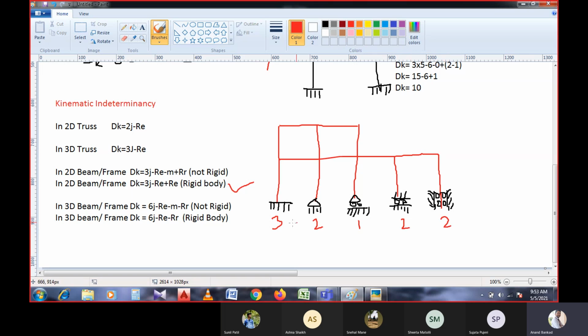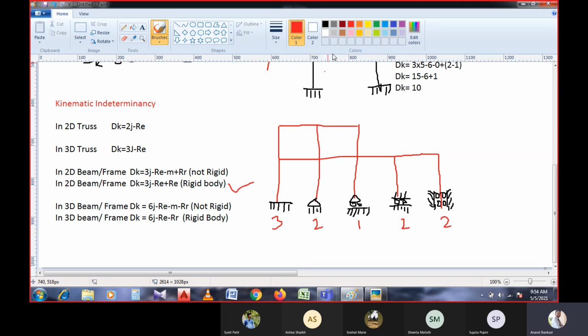So do you people know how I have written these numbers? Because this discussion I have already done in the very first class. The number of reactions for each type of support I already discussed in the first class. So there are 3 reactions restrained over here, that is in x direction, y direction as well as in movement.